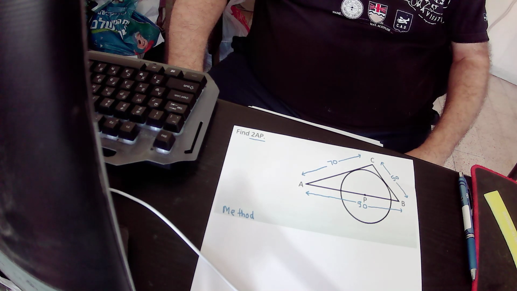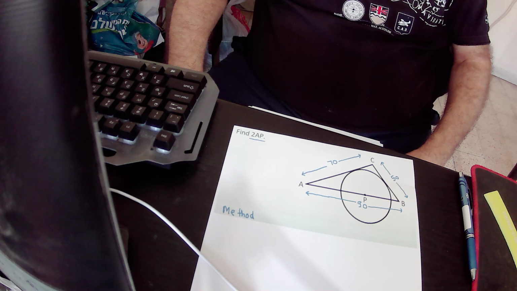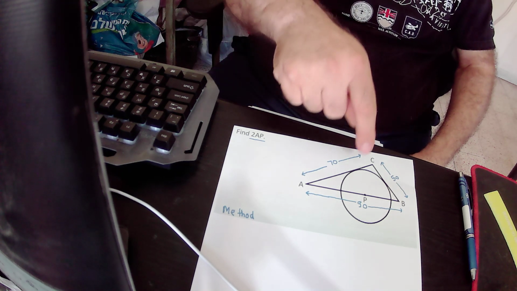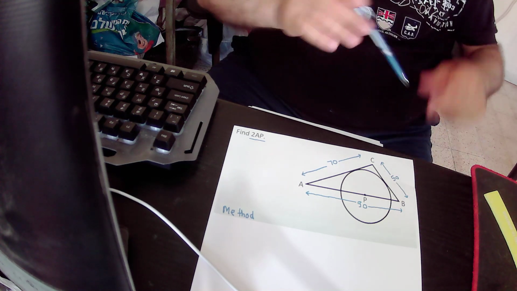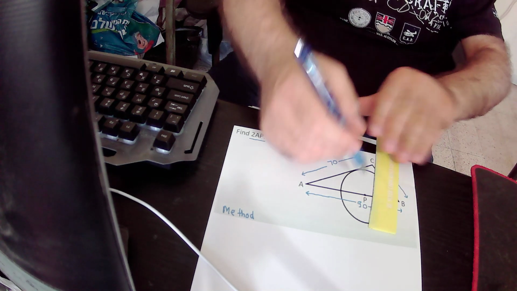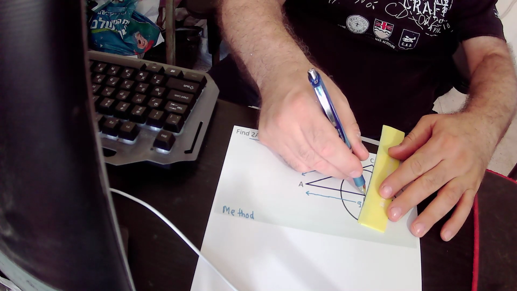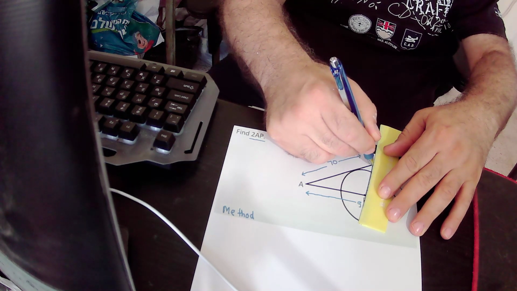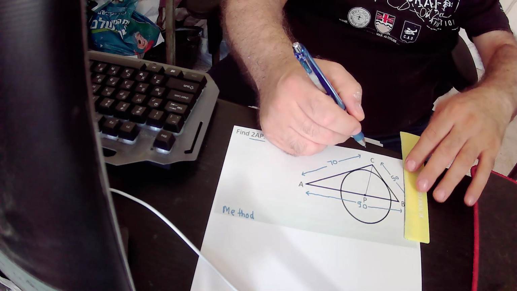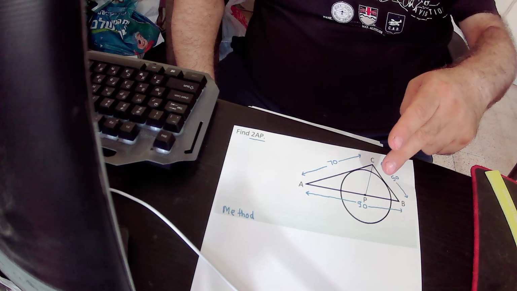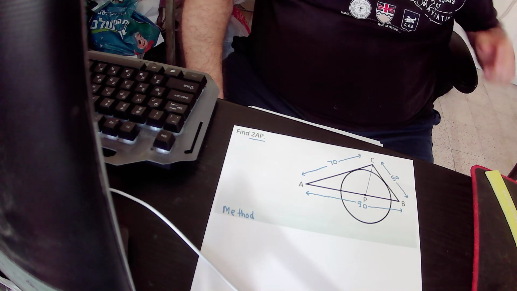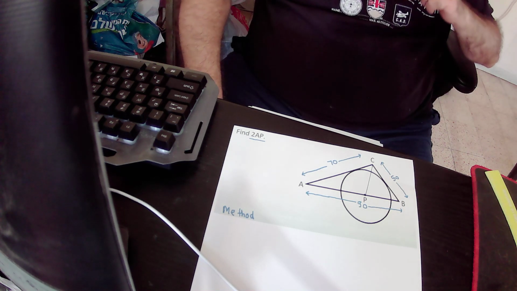So first of all we will connect points P and C by a line. As I've already said, point P is the center of the circle.